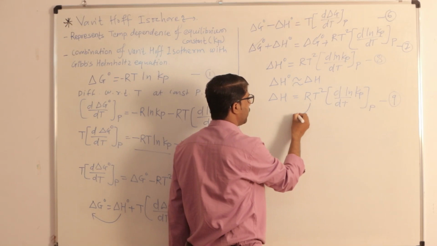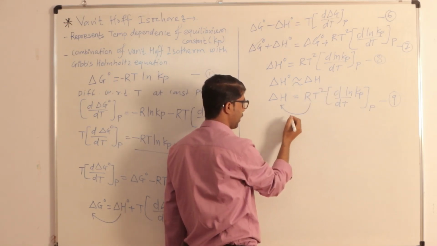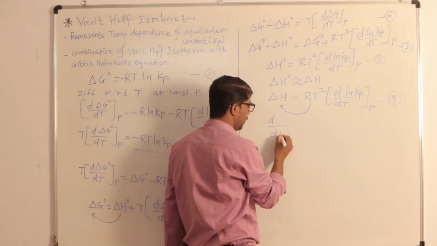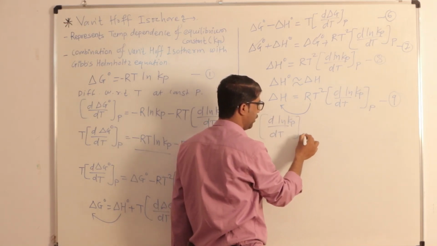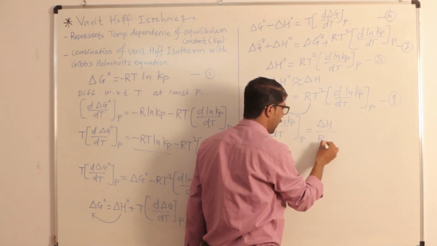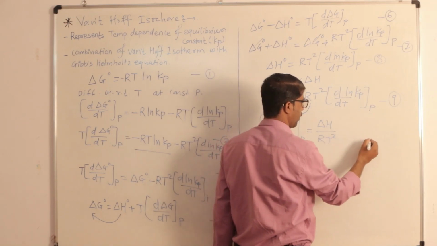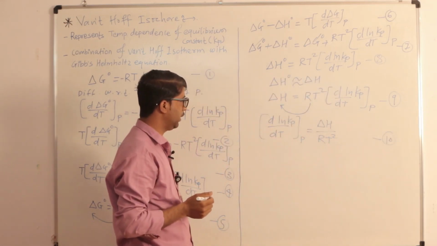I am going to transfer this term to this side. Okay, so d by dt of ln Kp at constant pressure is equal to delta H upon RT square. This is equation number 10.